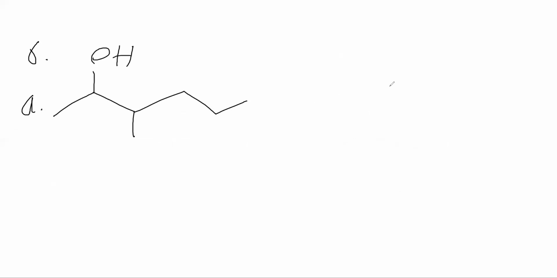So for number 6, I'm asking to show 2 ways that we can get some substrate to this product I've shown. So there are 2 ways to form alcohols, or technically 3, but I'll number the carbons, like I have in the past.